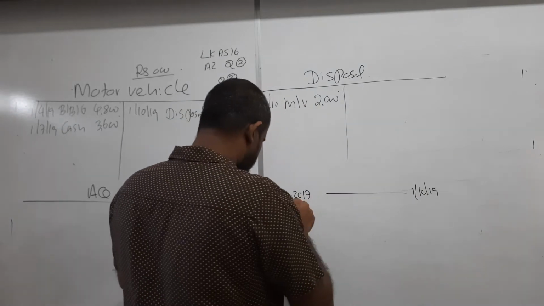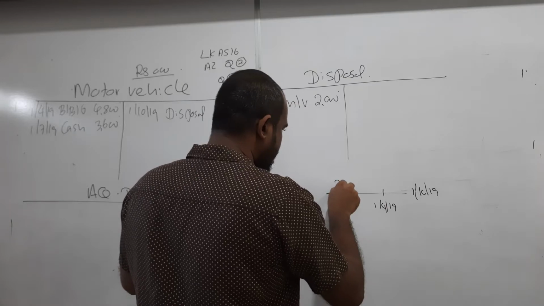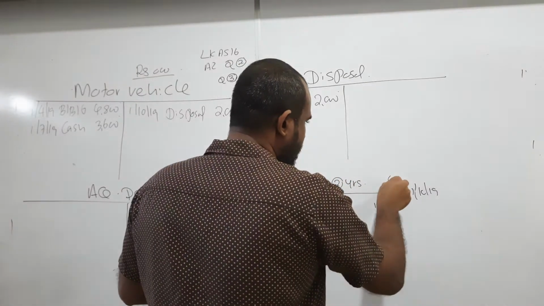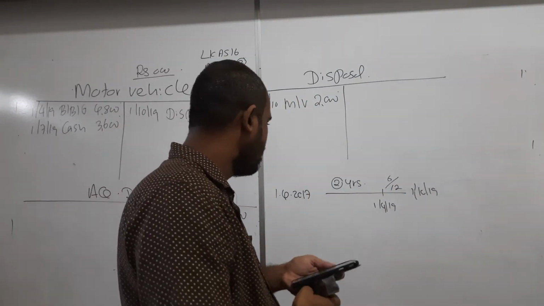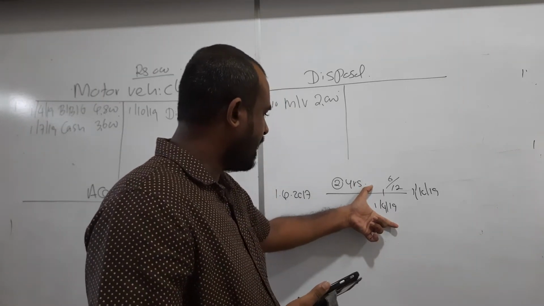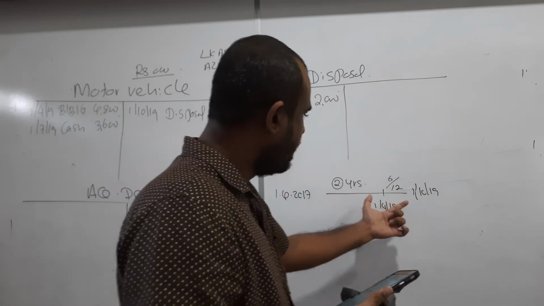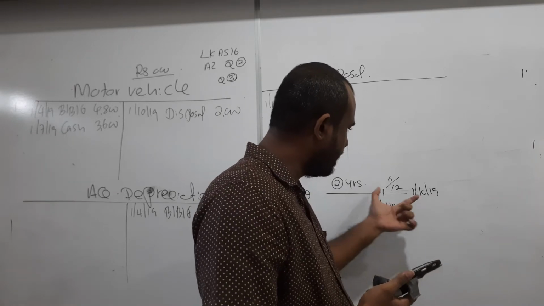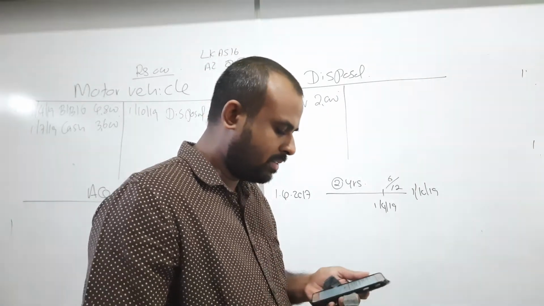From 1st April 2017 to 1st April 2019, it is exactly 2 years. Then from 1st April 2019 to 1st October 2019, it is 6 months. Altogether, before the disposal, this asset has been used for 2 years and 6 months.